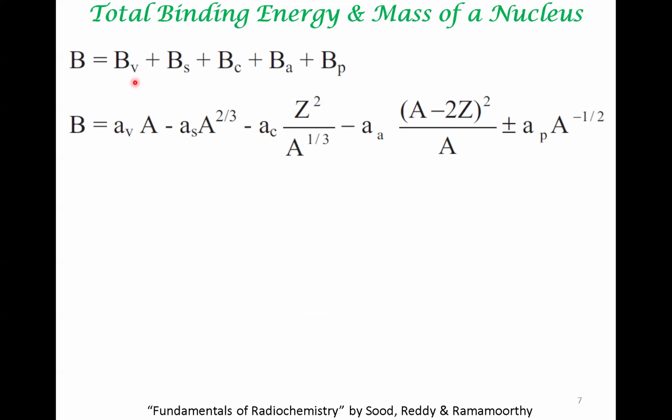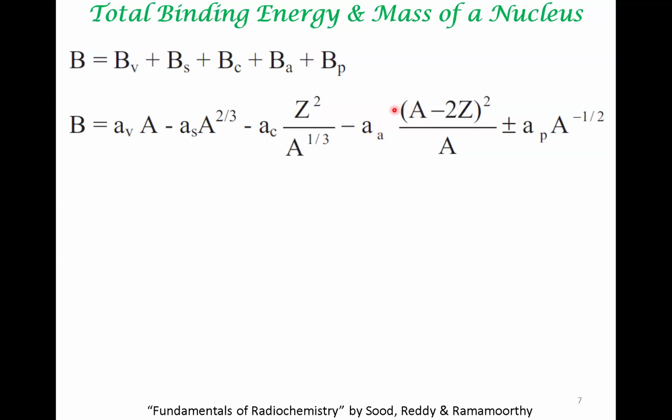So just to recollect, the expression for this term is given here. This is because of attractive binding energy interactions in the bulk, in the volume of the nucleus. This is the energy penalty due to the surface. This is the energy penalty due to Coulomb repulsion.